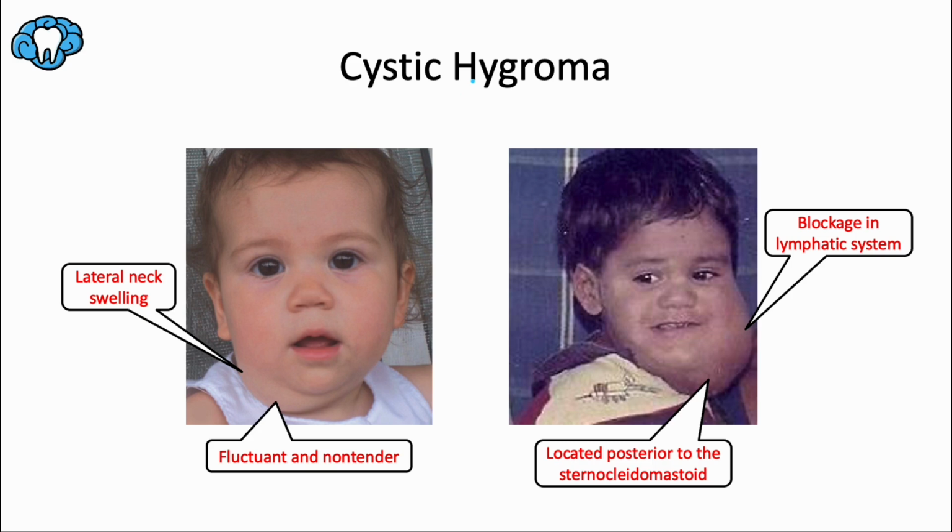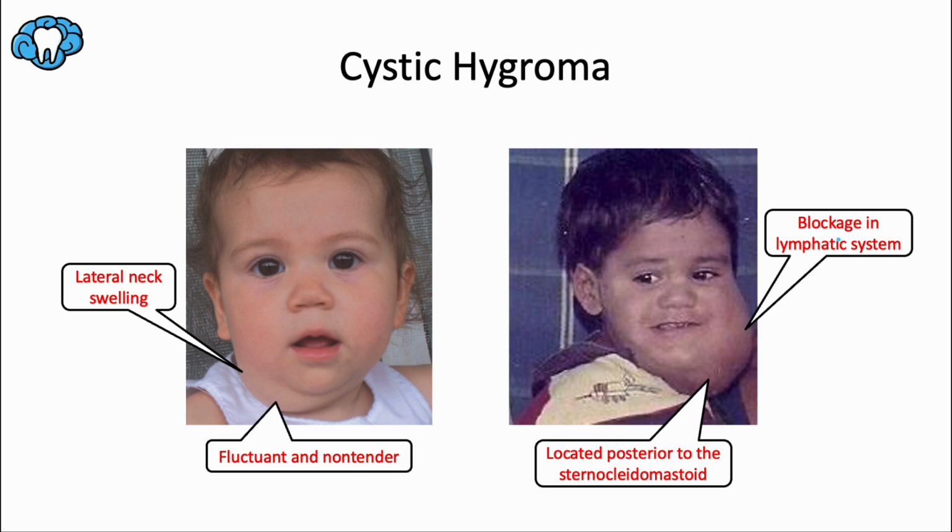A cystic hygroma, or cystic lymphangioma we could call it, is a fluid-filled bump that, just like the branchial cleft cyst, is also fluctuant and non-tender. It's caused by a blockage in the lymphatic system pathway during embryonic development.